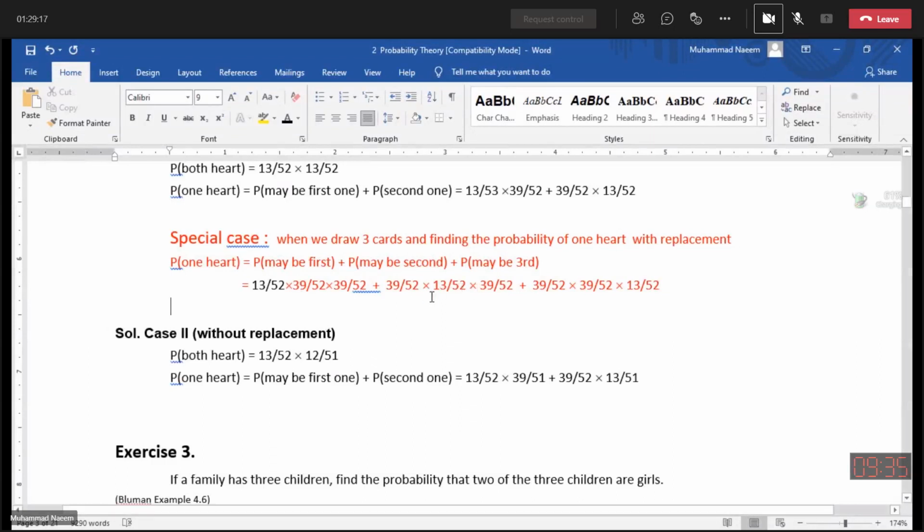What happens in this case: our second card is a heart, not the first and third. So the first and third are from the other category. In the third option, our third card is a heart; the first and second are not.